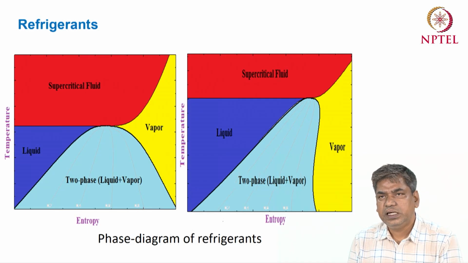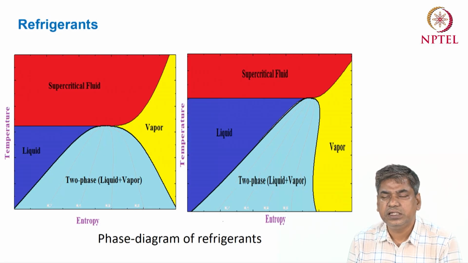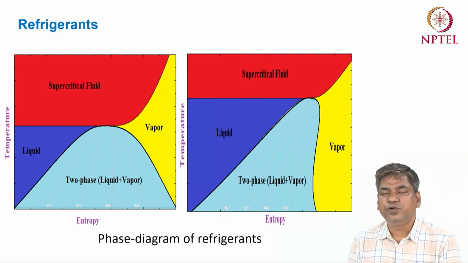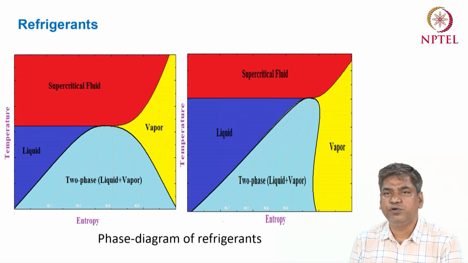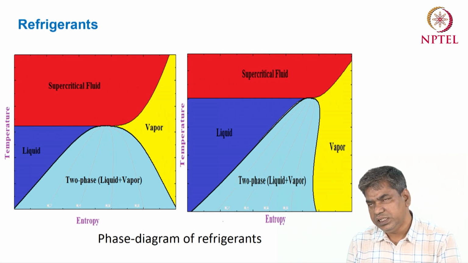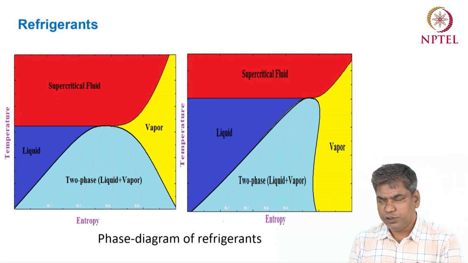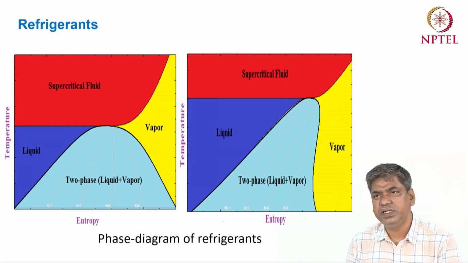But there is a difference in terms of the saturated vapor line. For some refrigerants, the saturated vapor line is just like the first figure, where the slope of the saturated vapor line is negative. But for some refrigerants you may see that the slope of the saturated vapor line is also positive within some temperature range.